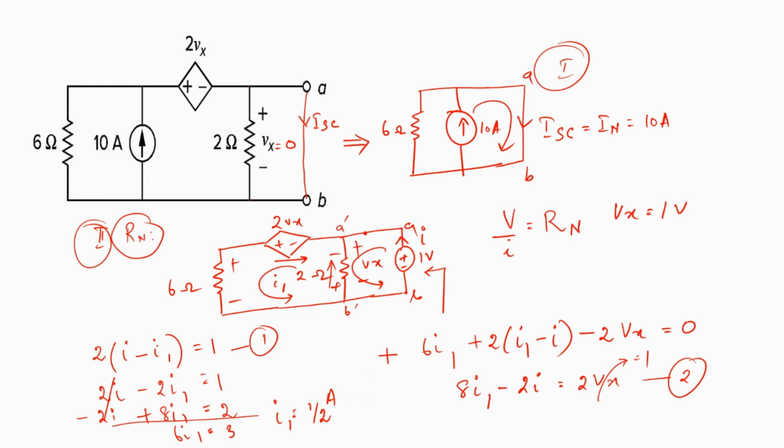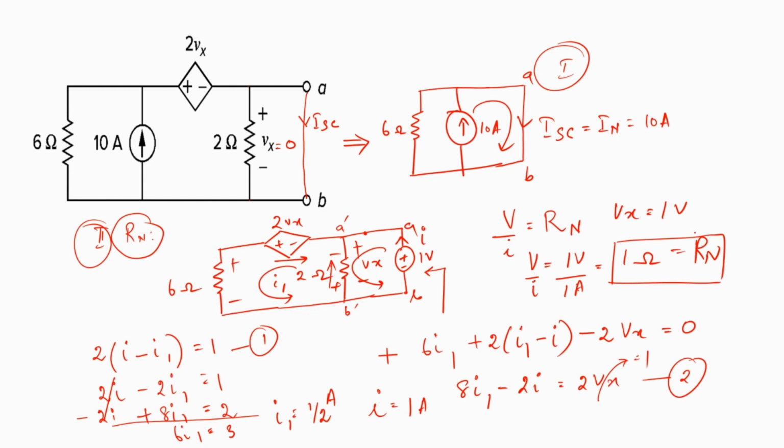Now, when I replace the value of I1 over here, I will get the value of I to be 1 amp. So therefore, I can say that Rn is going to be nothing but V by I, where V's value is 1 volt, I's value is 1 amp. So therefore, I'll get it as 1 ohm is equal to Rn.